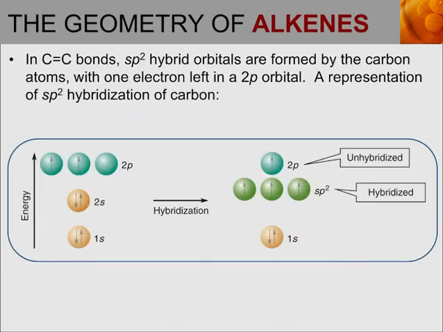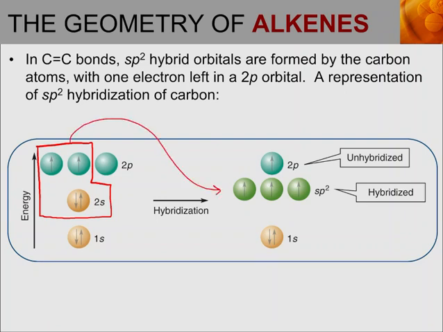Okay, what about alkenes? So for alkenes, we're going to actually form what are called sp2 hybrid orbitals to explain the geometry. So instead of combining all of the highest energy orbitals for carbon, we're just going to combine the 2s and then only 2 of the 2p orbitals.